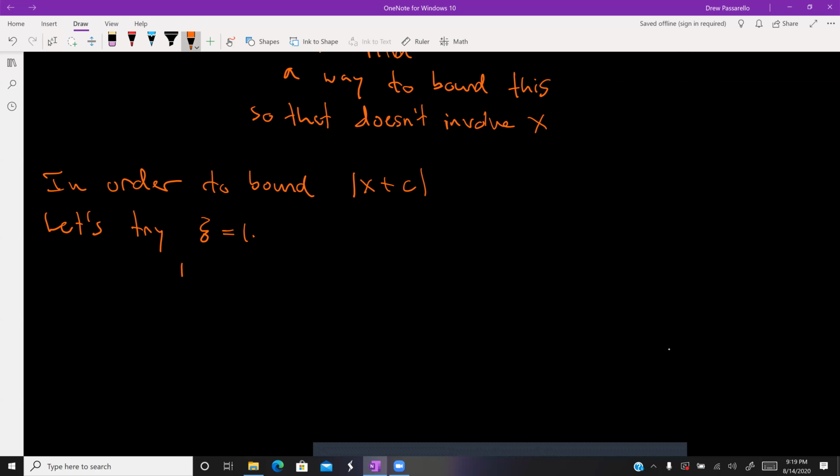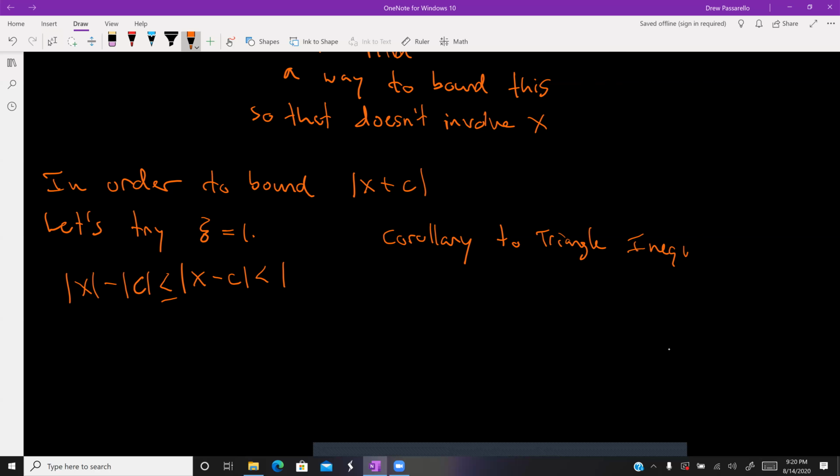Okay, so if delta is equal to 1, and we know the absolute value of x minus c is less than 1, now note that by a corollary to the triangle inequality, the absolute value of the absolute value of a minus the absolute value of b is less than or equal to the absolute value of a minus b.